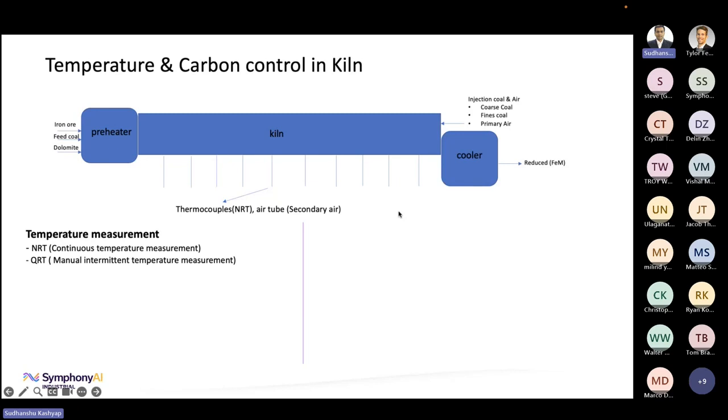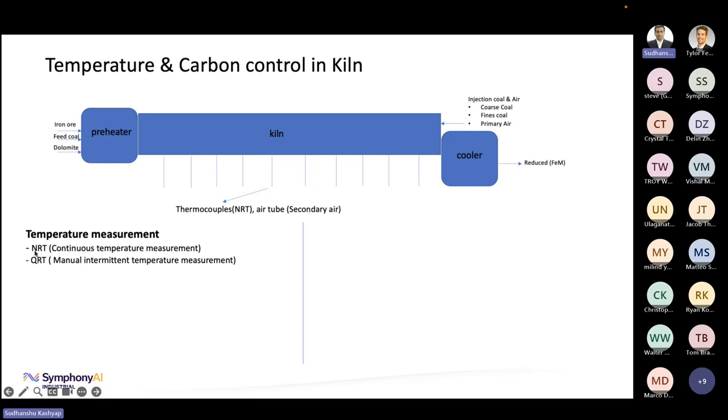So when we talk about measurements on the kiln, temperature is one important measurement we would like to have, since we have seen that temperature impacts reduction significantly. There are thermocouples installed on the shell of the kiln, and they measure the temperature of the kiln in real time, called NRT, normal response temperature. And we also have air tubes which allow secondary air, and since air helps combustion and controls temperature, that is necessary here.